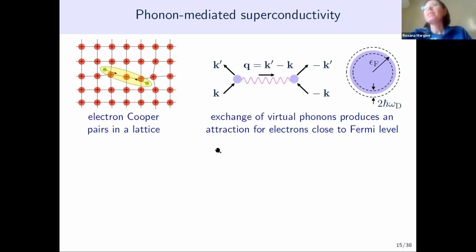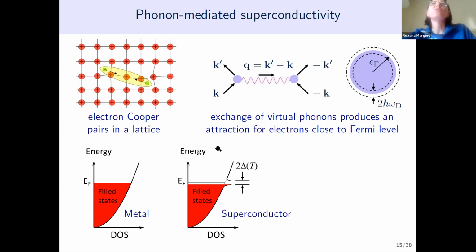Now, an important prediction of the BCS theory is the appearance of a superconducting gap in the single particle excitation spectrum of a superconductor. To understand this, we can compare the density of states in a metal and in a superconductor. In a normal state, in a metal, all states are filled up to the Fermi level and empty above. In the BCS ground state, the electrons close to the Fermi level are all bound in Cooper pairs.